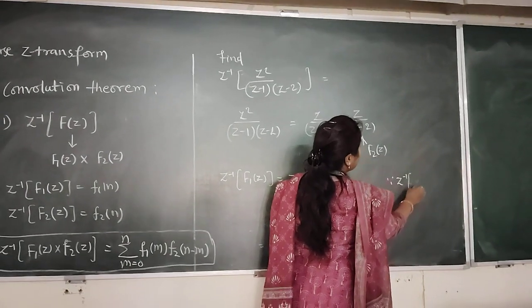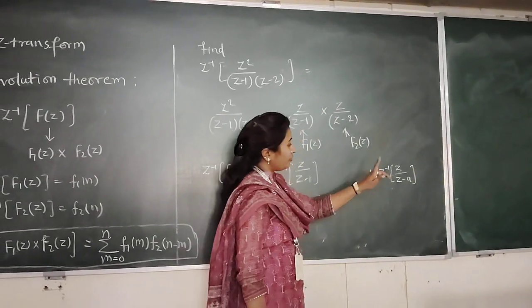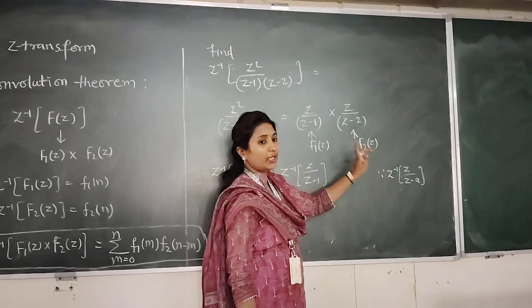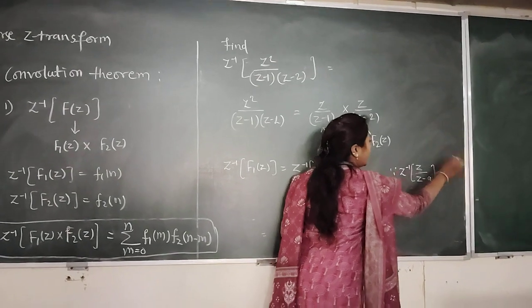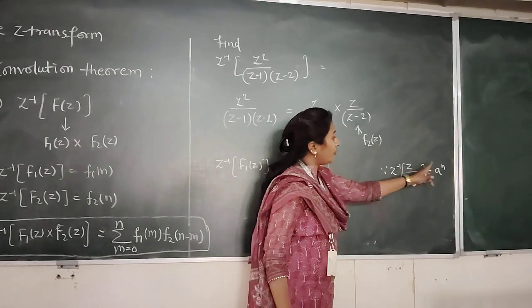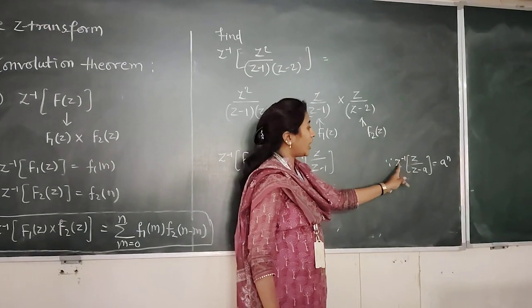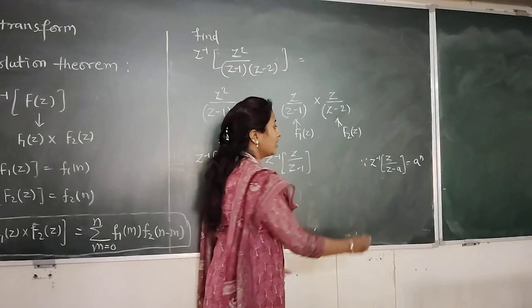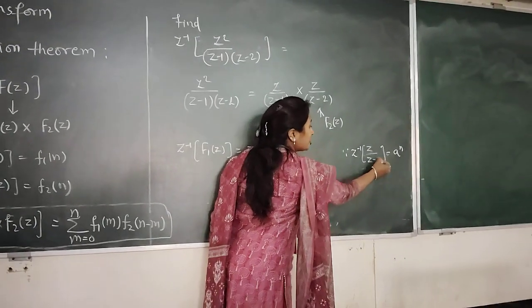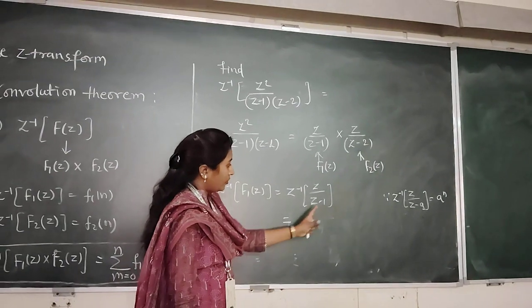Z inverse of z upon z minus a, in our earlier lecture we have seen, is the standard formula for a raised to n. So Z inverse of z upon z minus a we can write as a raised to n, where a is the number mentioned here.